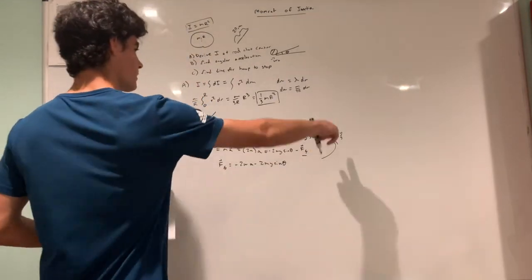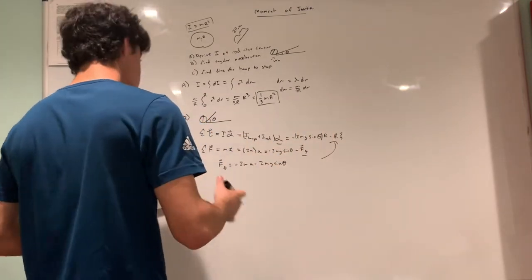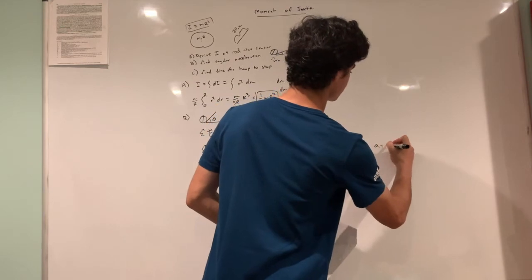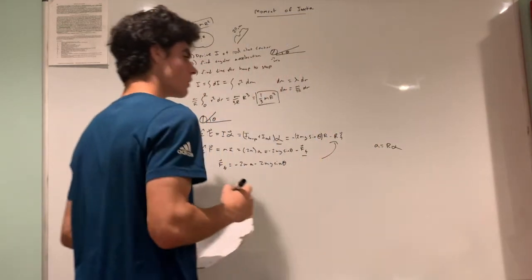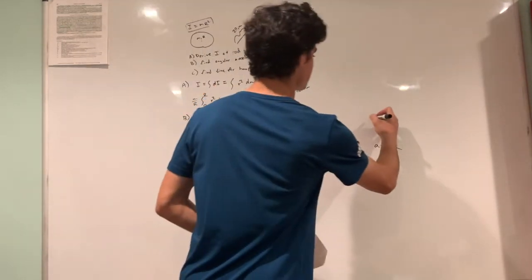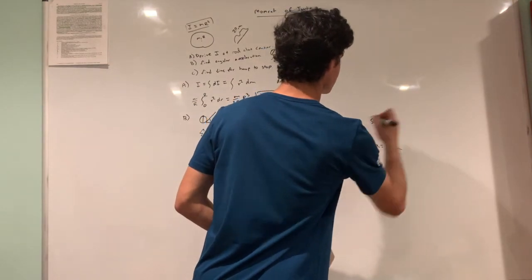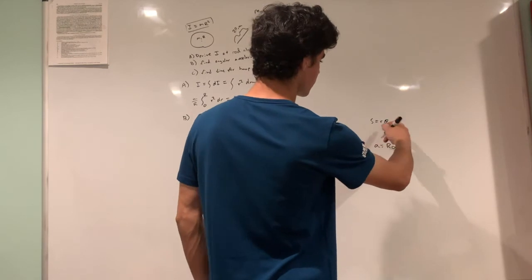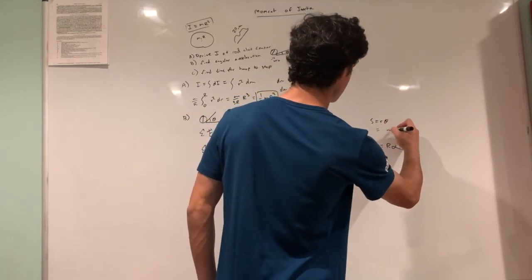From here, we're going to plug it back in, and take note that linear acceleration is equal to r alpha. Once again, we could derive that from the arc length equation. If we integrate both sides, we'll have the integral over time of theta, which will be omega.